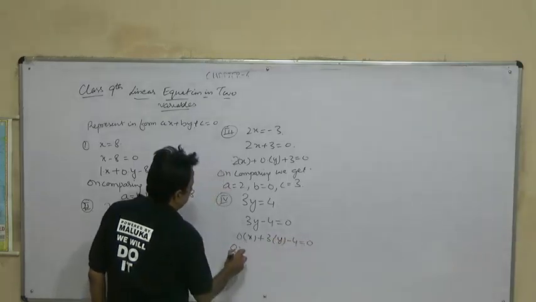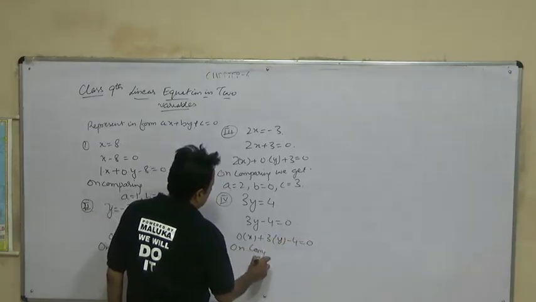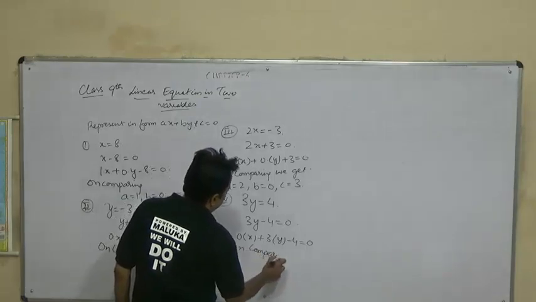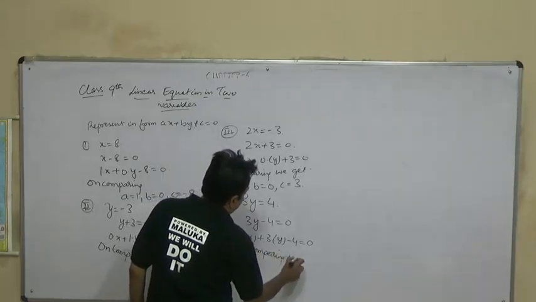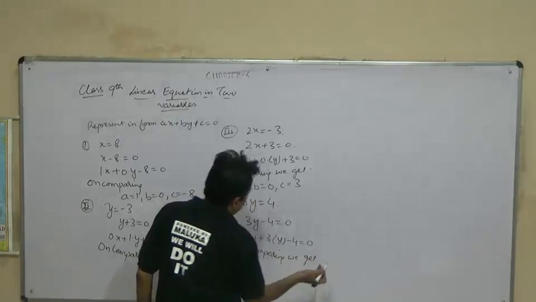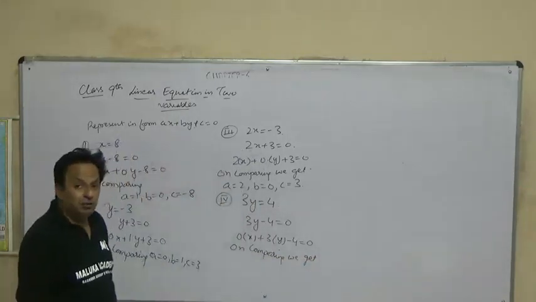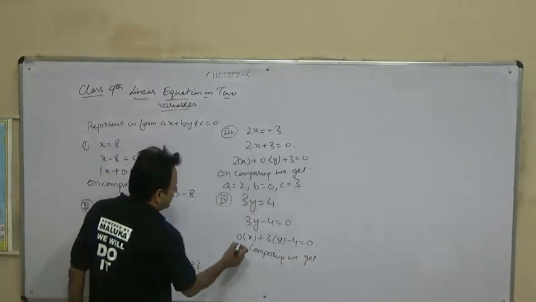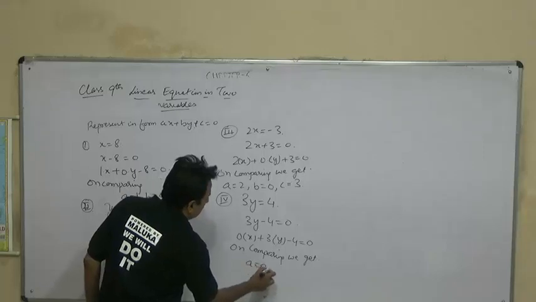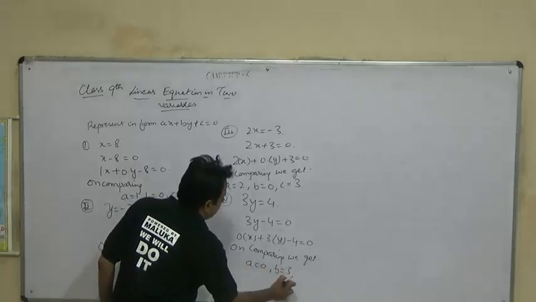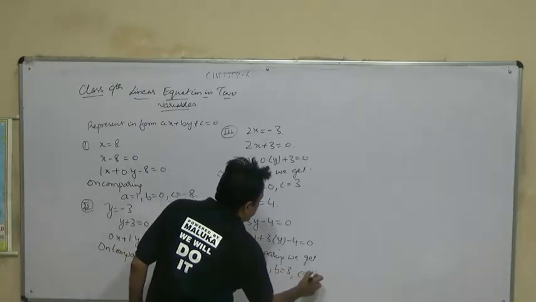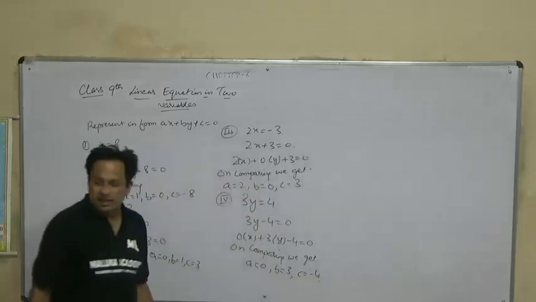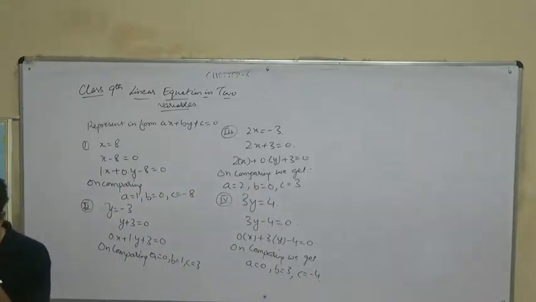So on comparing, we can write the value of A is 0, B is 3, C is minus 4. So this is the required answer here.